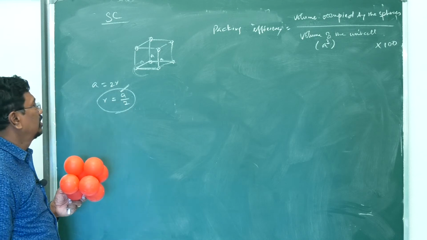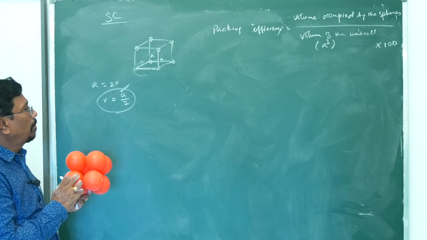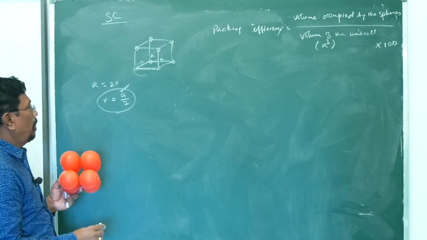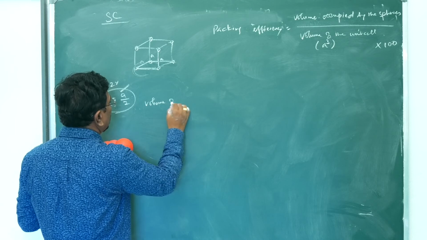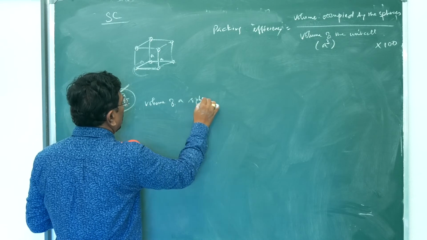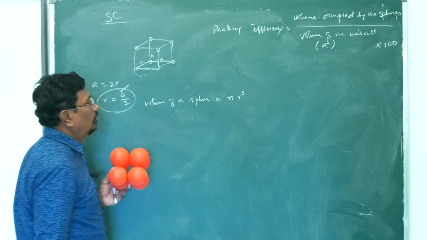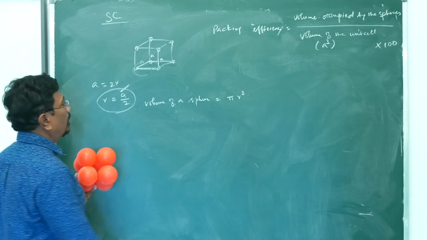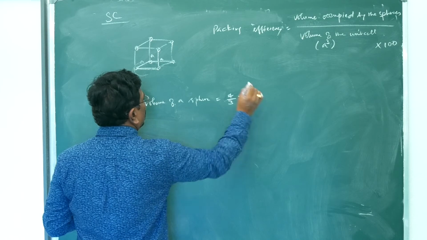We know that atoms are considered as spheres. What is the volume of a sphere? You may be knowing, volume of a sphere is equal to 4 by 3 pi r cube.